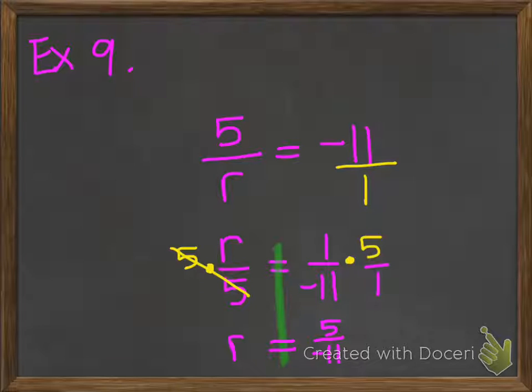Now I notice that this isn't really the mathematically preferred way to write the fraction, so I'm going to go ahead and write my answer in the mathematically preferred way. r is equal to negative 5/11. This would be how I'd write my final answer.